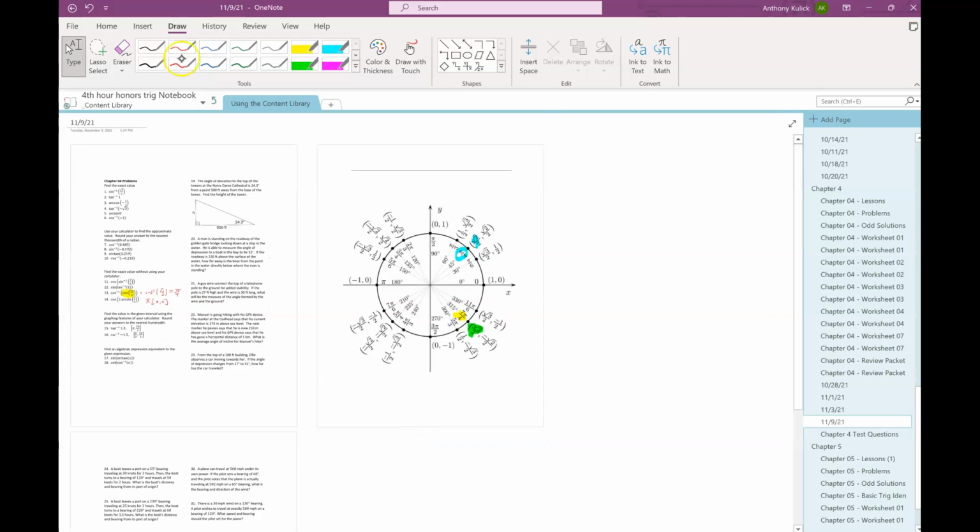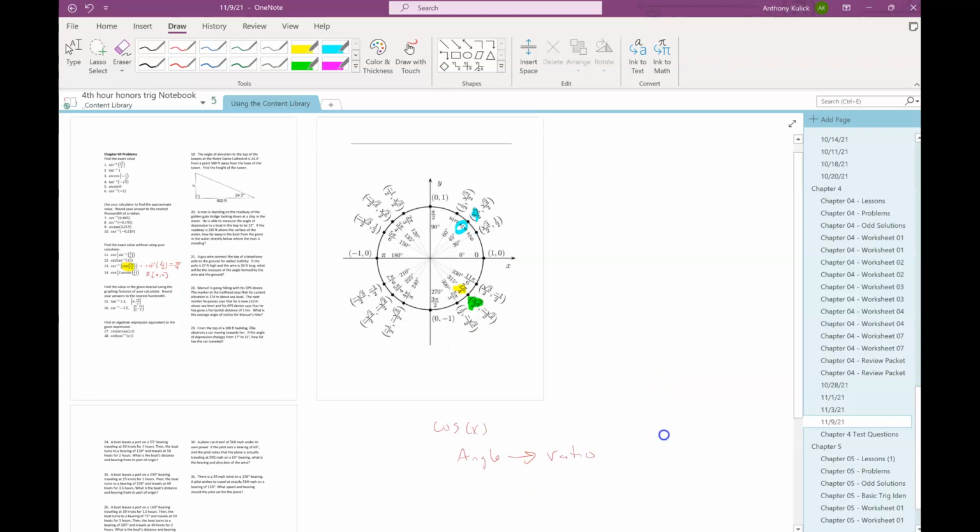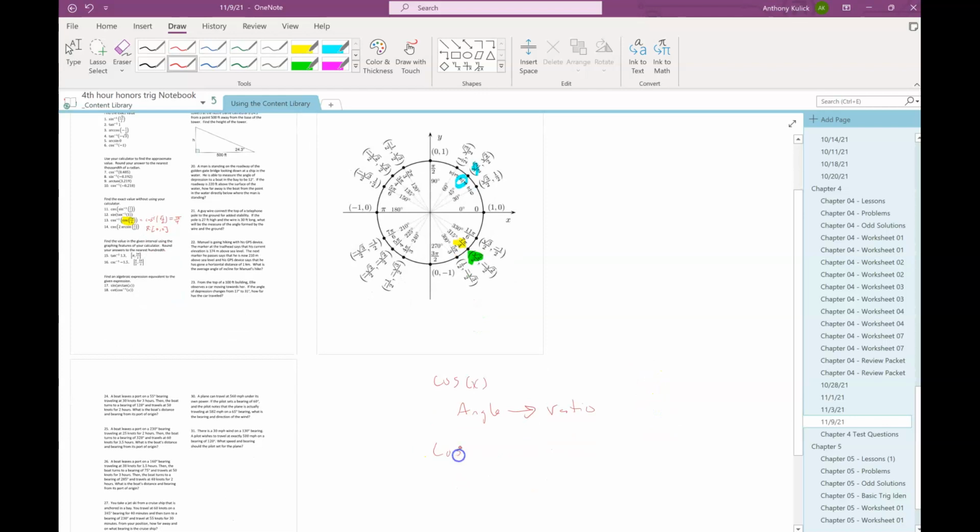So sine, cosine, etc., take angles and turn them into a ratio of side lengths or a coordinate on a unit circle, or whatever, just a number. Cosine inverse is going to take a ratio or coordinate on the unit circle and take that back to an angle measure.